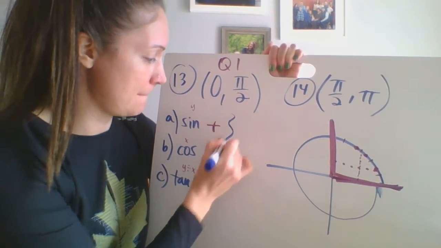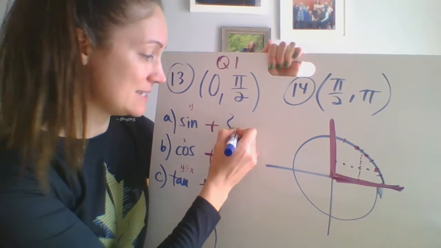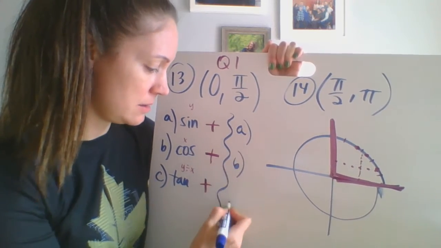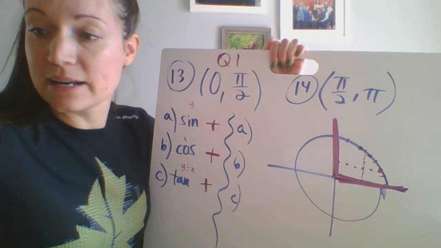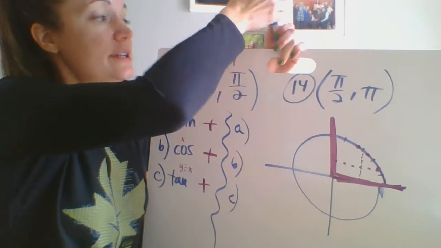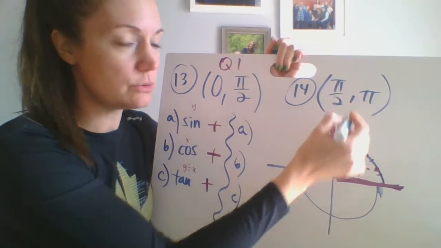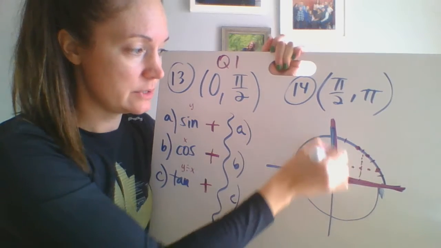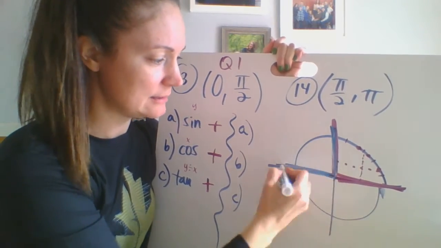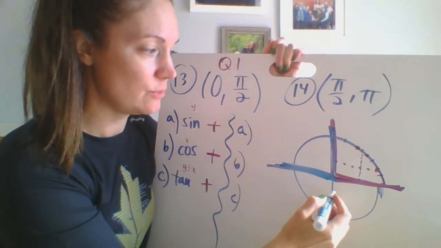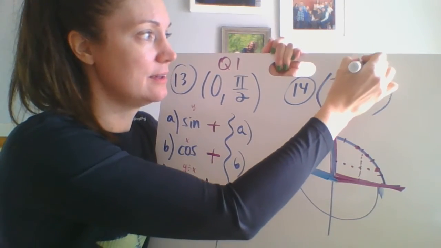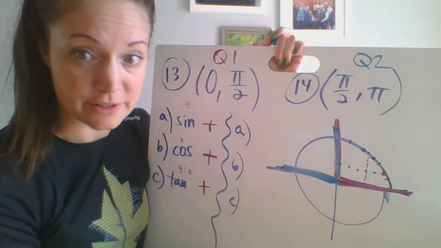Number 14 is basically saying the same thing, but now instead of looking in that first quadrant, 14 is saying, okay, now look from pi over 2 and go all the way up to pi. Well, 14 is really just saying only look in quadrant 2.